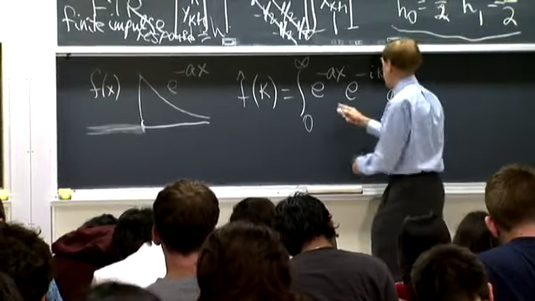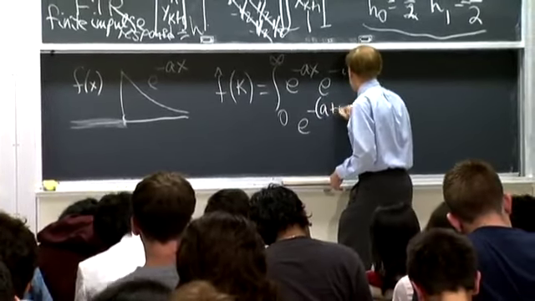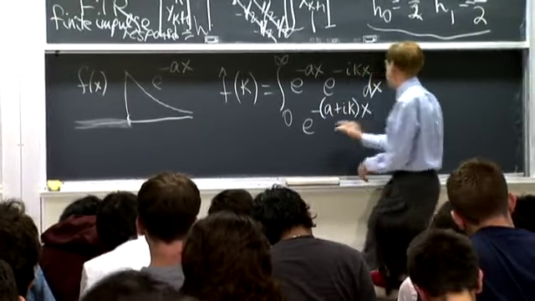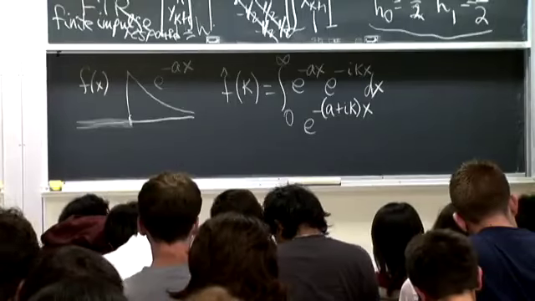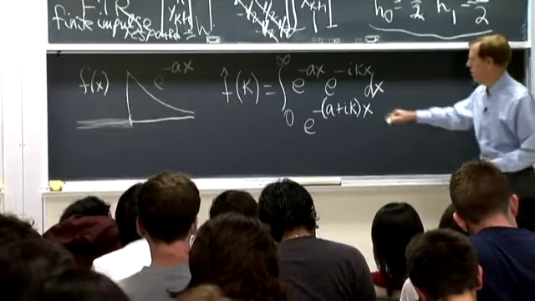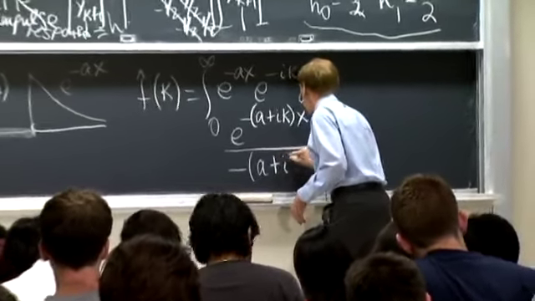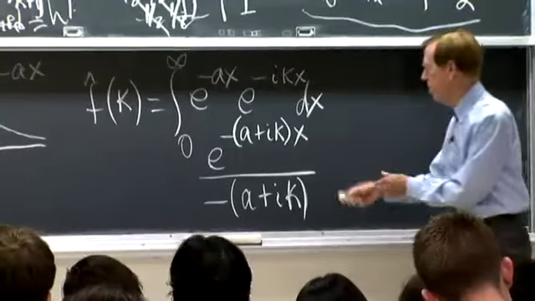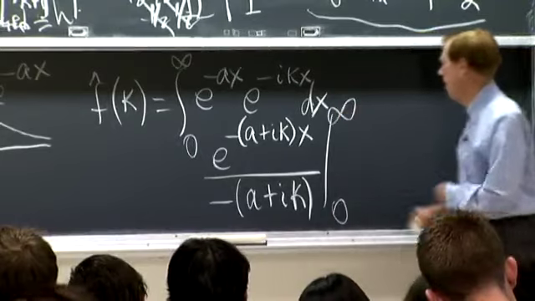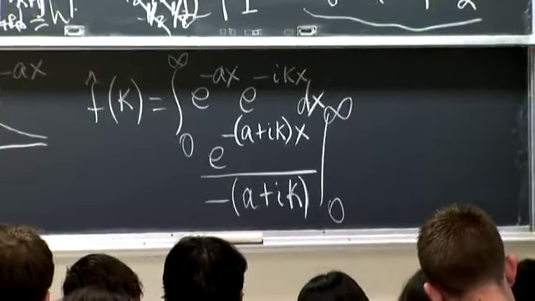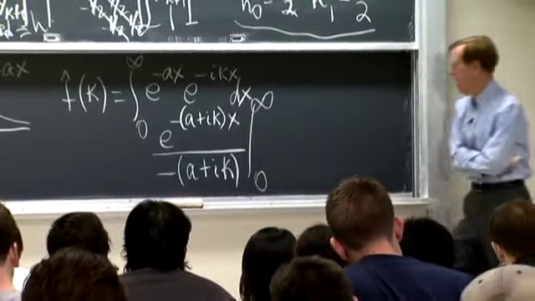And it's easy because this is e to the minus a plus ik times x. You're always going to see it that way, right? That we're integrating. And then the integral of an exponential is the exponential divided by the factor that will come down when we take the derivative. So I think we just have this, right? To integrate that exponential, we just get the exponential divided by its little factor.